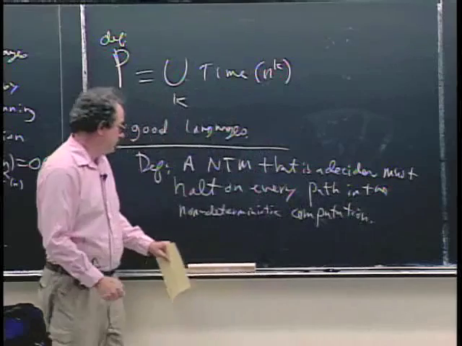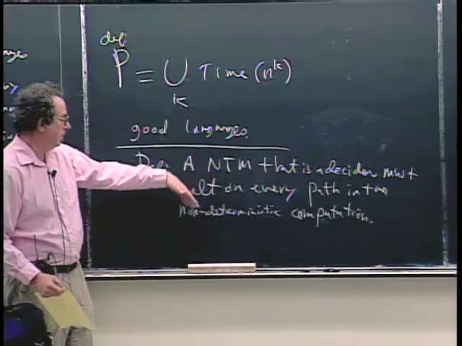That's the way that a non-deterministic Turing machine decider was defined.